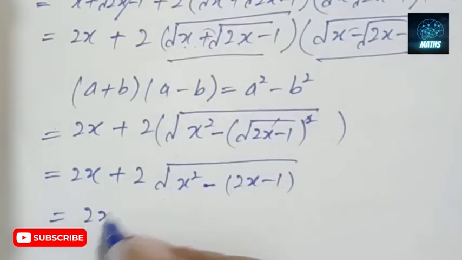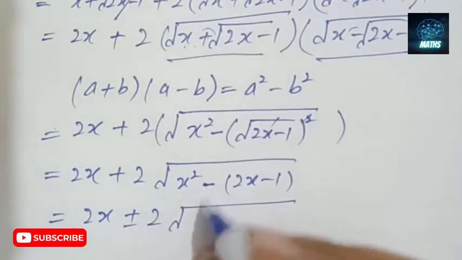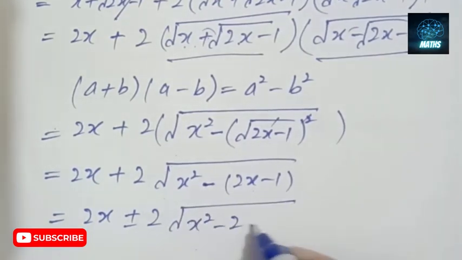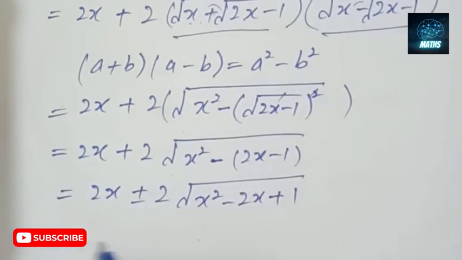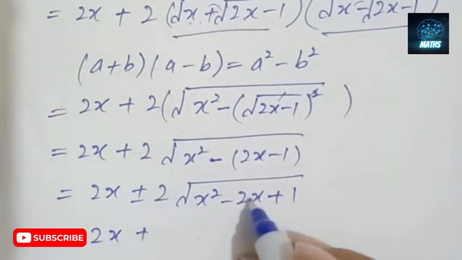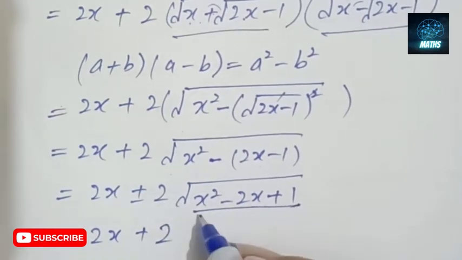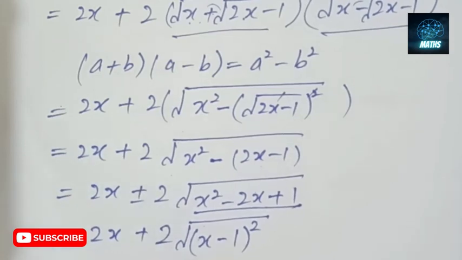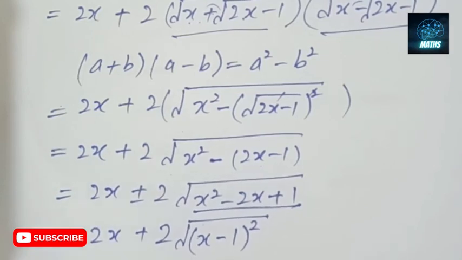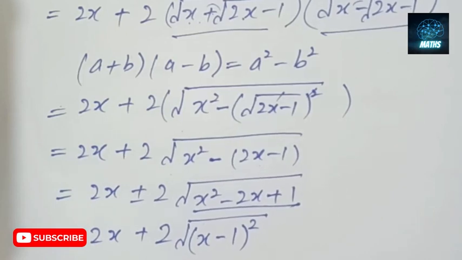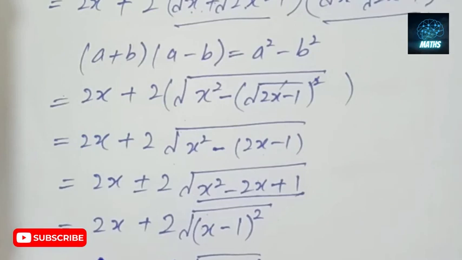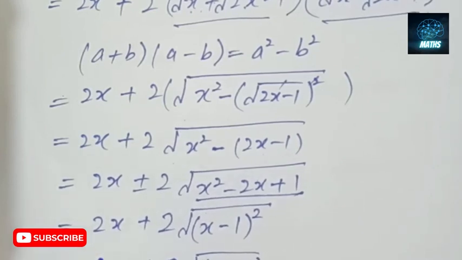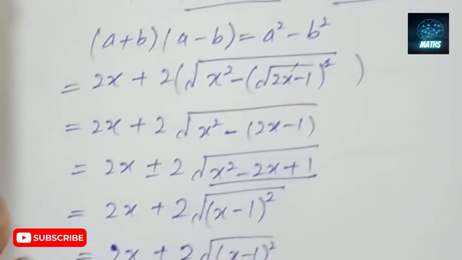Further simplify it, plus 2 square root x square minus 2x plus 1. I can write this as, this is an identity, x minus 1 whole square root. So this can be written as 2x plus 2, x minus 1 whole square. I can take 2 as common, plus square root x minus 1 square.